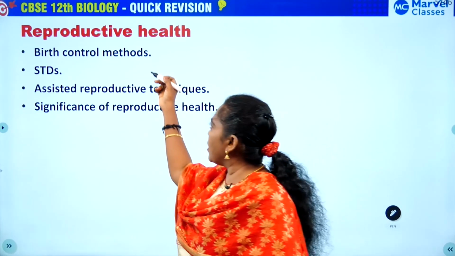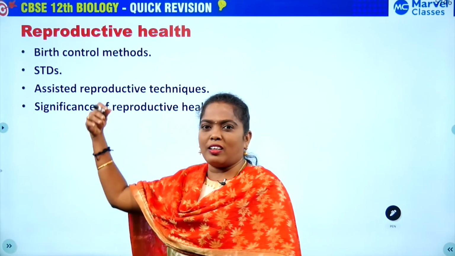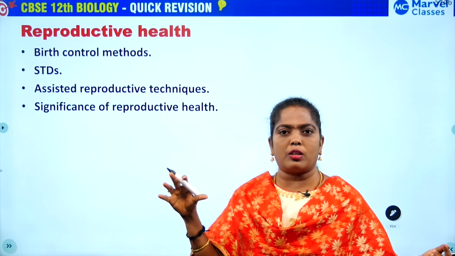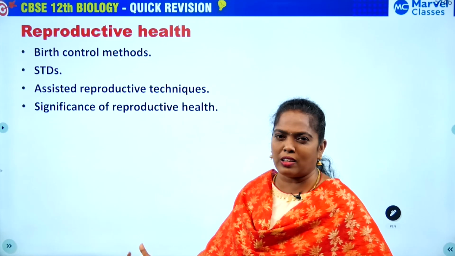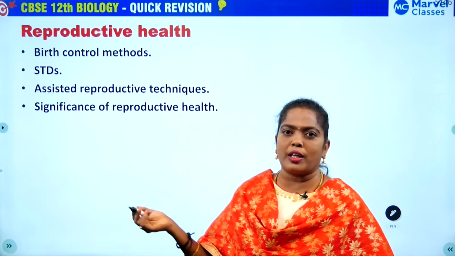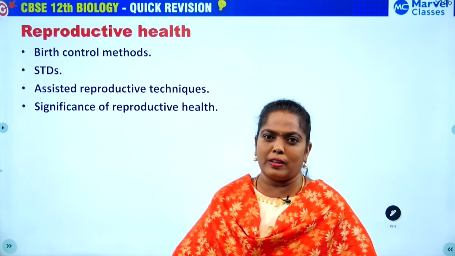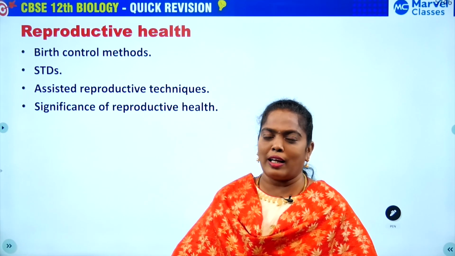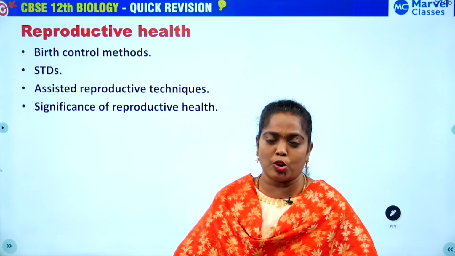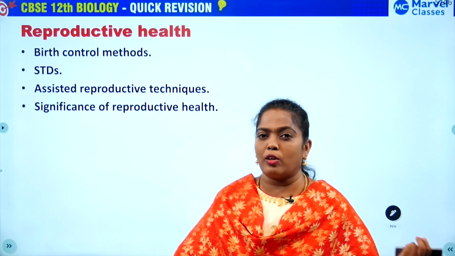Then in reproductive health, they won't ask you to explain birth control methods in 5 marks, but in 1 mark you can expect questions on the various types of methods. Barrier method and natural method. Lactational amenorrhea is a natural method. Barrier methods include male condoms and female condoms.